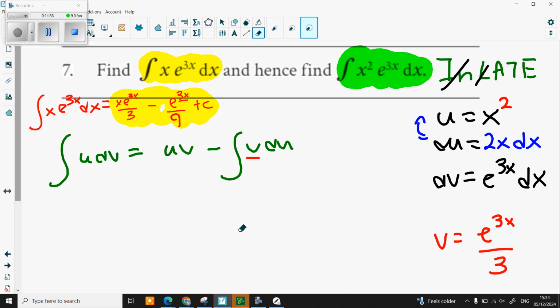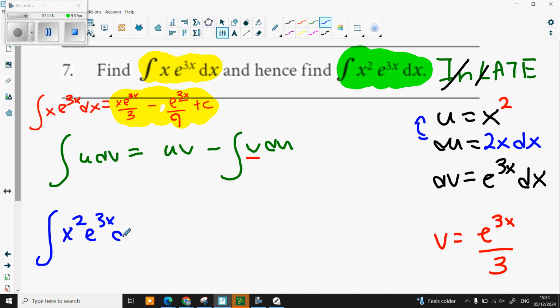Okay. Now, what we're doing next, guys, is the following. So what am I asked for here again? What's u? x squared. What's the v? e to 3x dx. Yeah. And then what's u, guys? u is x squared.